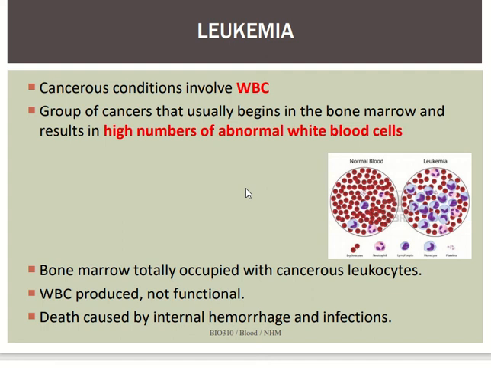Even though they produce a lot of white blood cells, the white blood cells being produced are in an abnormal state, so they are not functional, and death in leukemia patients is usually caused by internal hemorrhage or infection.